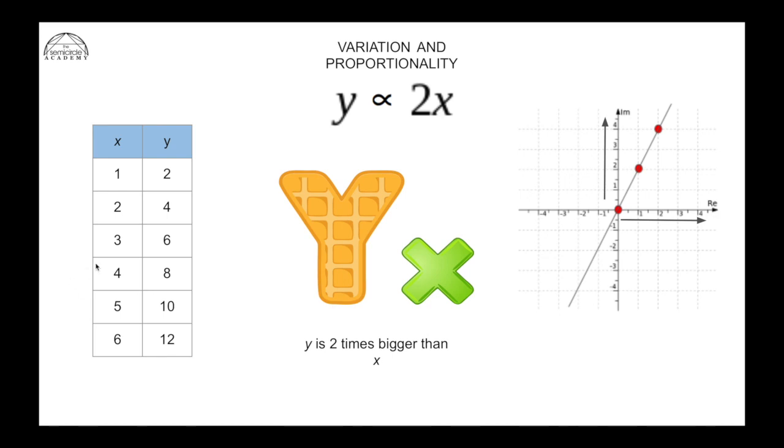And we could see it from the ordered pairs, this table over here, that as the x values get bigger, the y values also get bigger. Right? So as x increases, y also increases. And this is a super important little fact to remember.